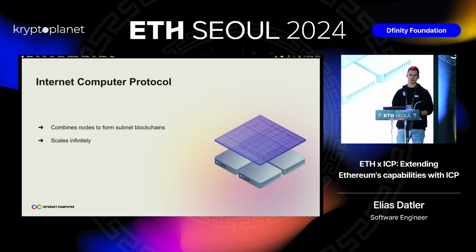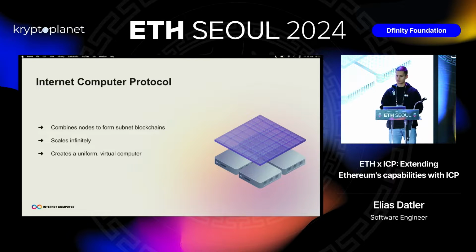The governance system of the internet computer can autonomously decide to create new subnets, and those subnets can then host more smart contracts, and so it really scales horizontally very well. To the user and to the developer, you don't really need to care about those individual nodes and subnets.